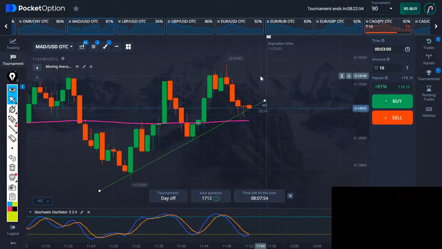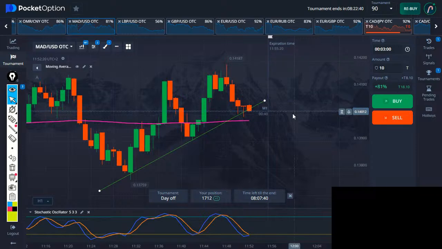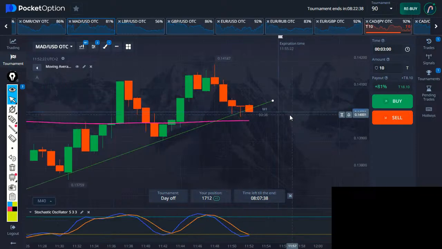If this candle closes in green, let me see what's going on here. That's a hopeless case, no problem. Usually weekends are a disaster on OTC. I advise you all not to trade on weekends.